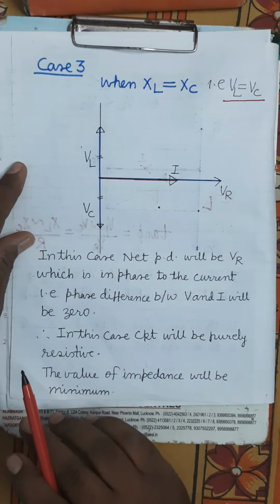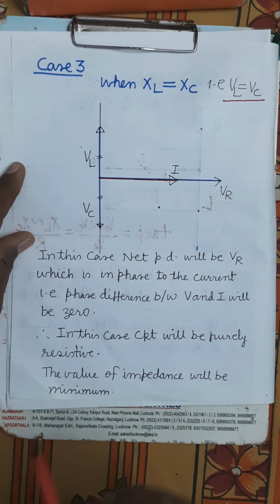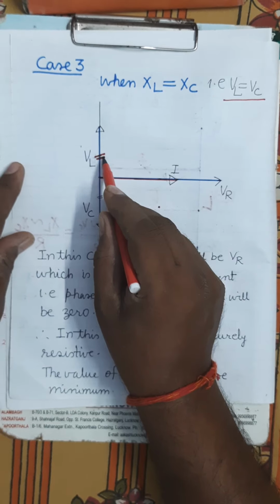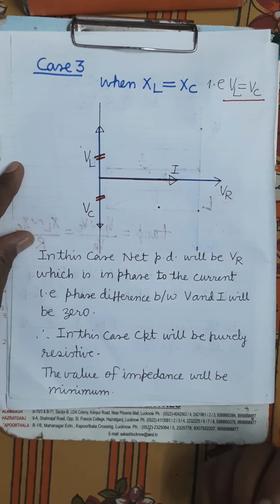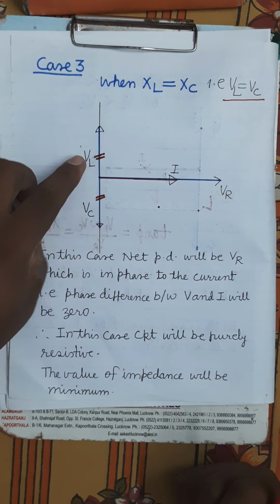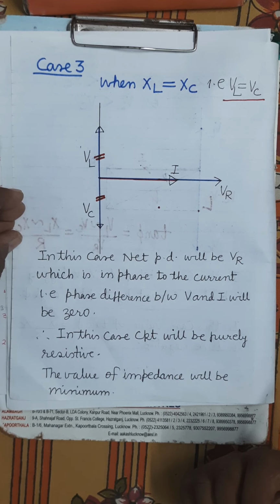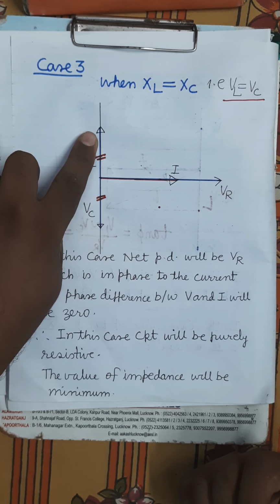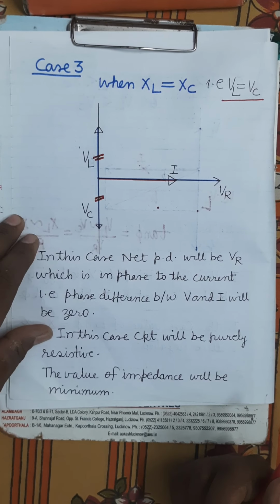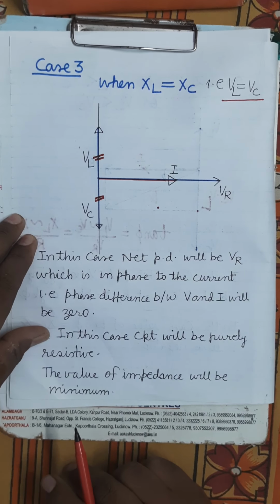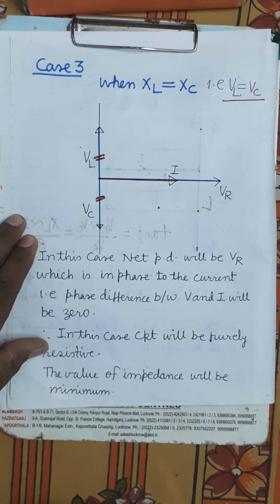If we represent everything on the phasor diagram, then you will find that these two phasors, for inductor and capacitor, will both be equal in length. So what will be their net potential difference? That will be 0. There will be no potential difference in this direction. So what will be the overall potential difference? Only this one is left, VR.